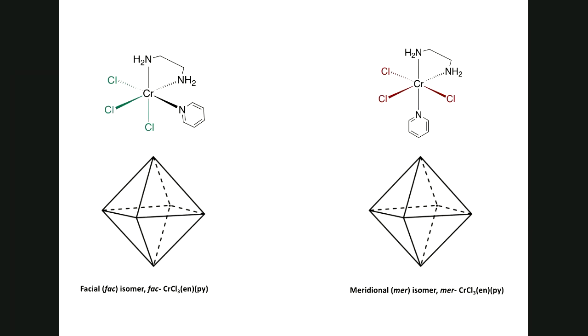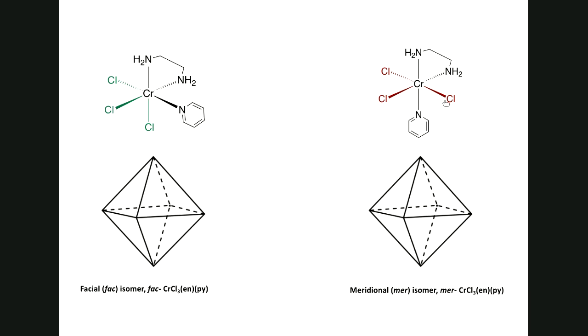All right. So if we go back to that complex, there's more to it than meets the eye. Because if I gave you the formula and asked you to draw it, you might come up with two different structures. And I'm showing the two of them here on the screen. One with green chlorides and one with red chlorides, right?